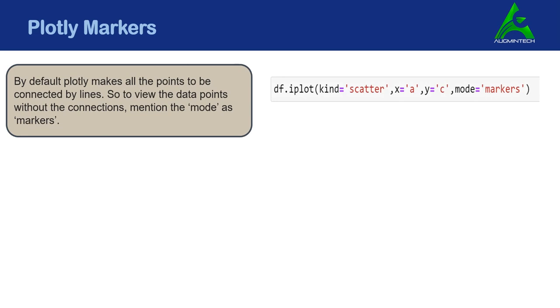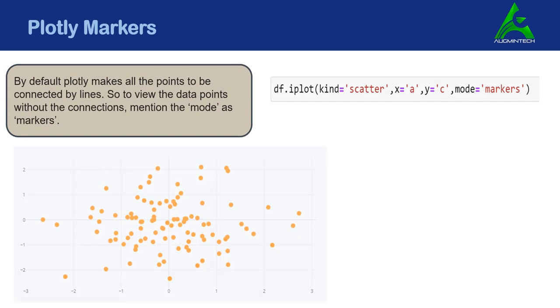So we can say df.iplot kind equals scatter, then we can pass x and y as column names, and mode equals markers. And there we go. This is how the output for kind equals scatter looks like. You can see here the points are just scattered around and not connected with lines. This is because we have specified mode equals markers. If you do not specify mode equals markers, you can see all the points will be connected with each other through lines.